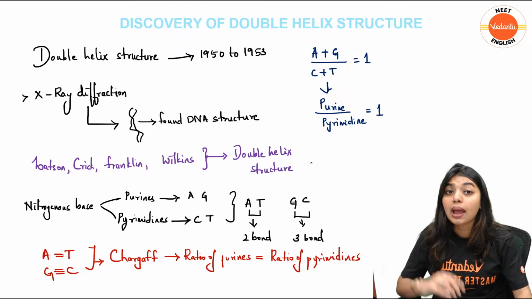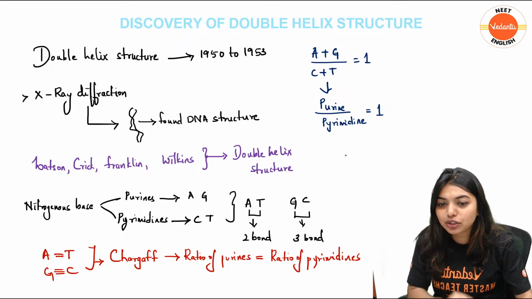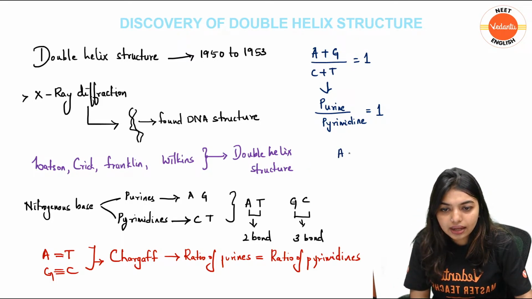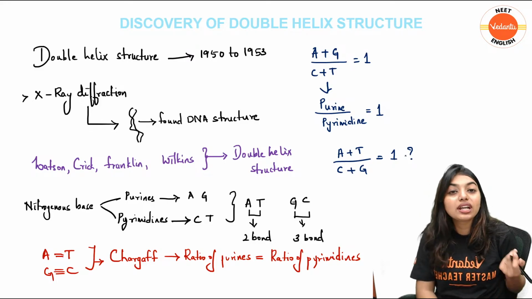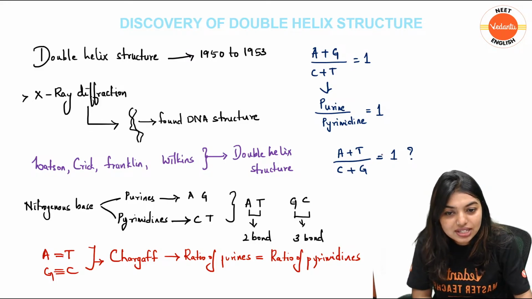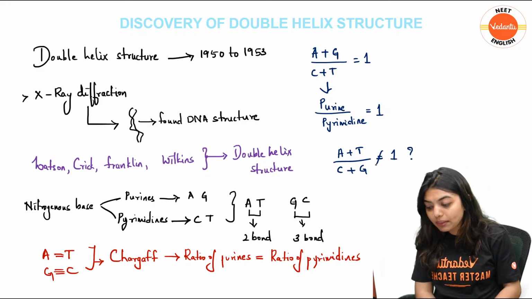Yes, totally agree. But the catch is here. The PYQ can be here. A plus T by C plus G. Does this have to be equal to 1? No, it does not have to be equal to 1. That means, what am I trying to say?